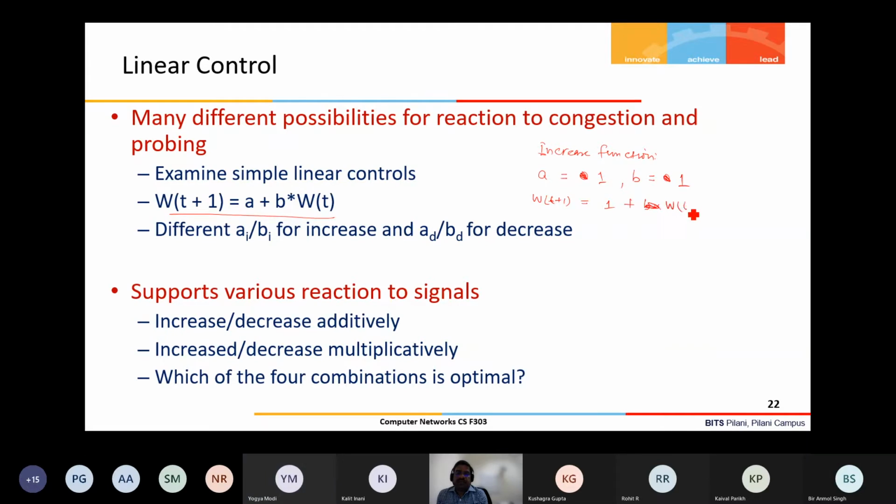You know that in the congestion avoidance phase, my increase function is what? We increase the window by 1 in each RTT, right? So that is for increase.